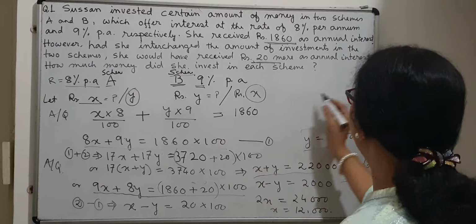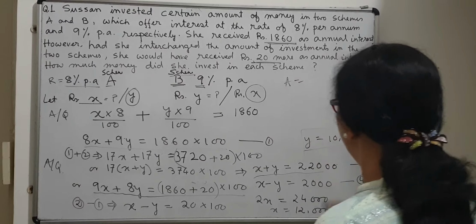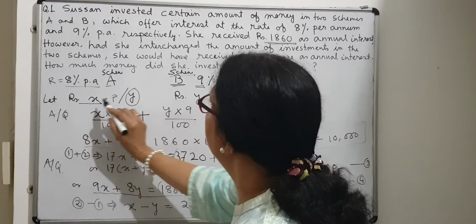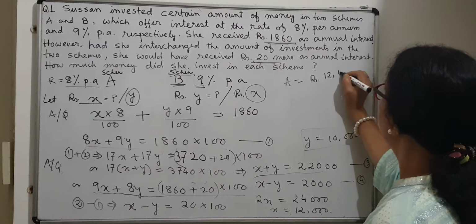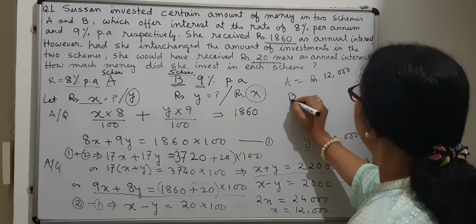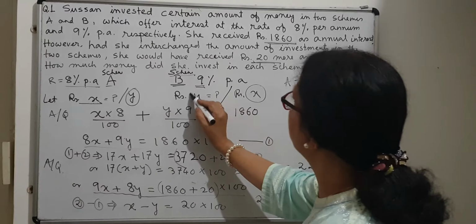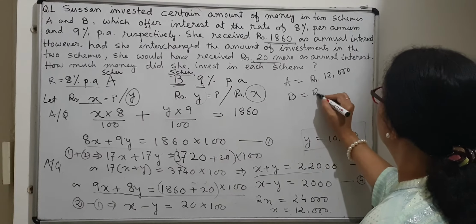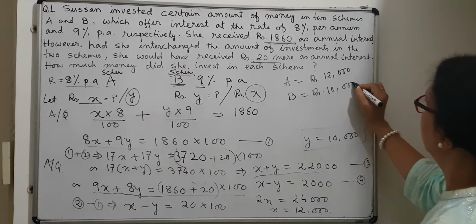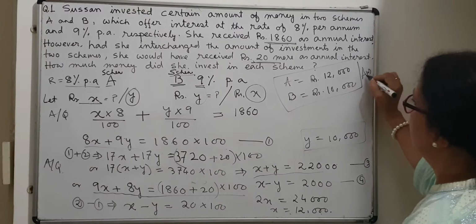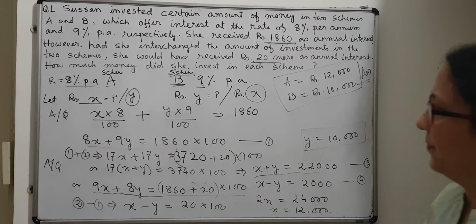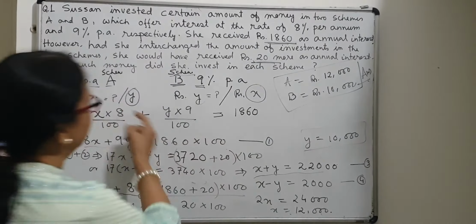So in scheme A, she will be investing rupees x originally, so it is rupees 12,000. And in scheme B, originally it was y, so rupees 10,000. These are the answers. Okay. So this is an example of interchanging coefficient.